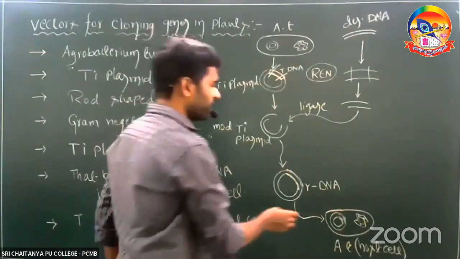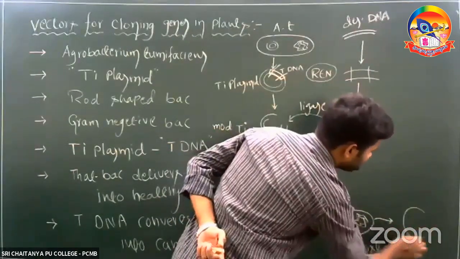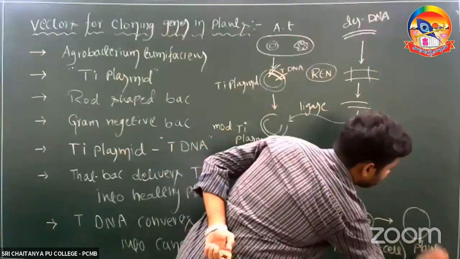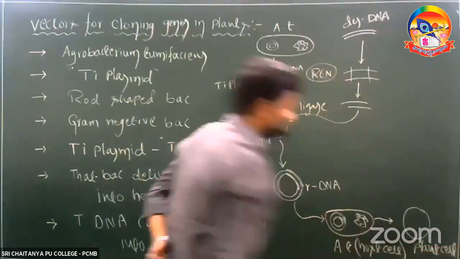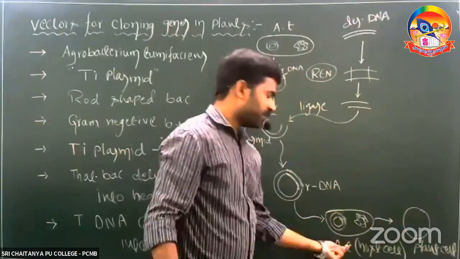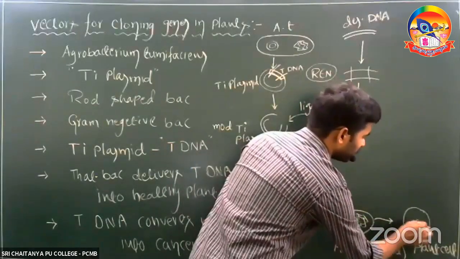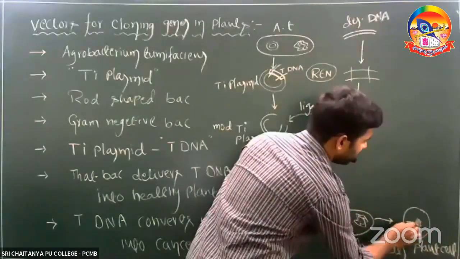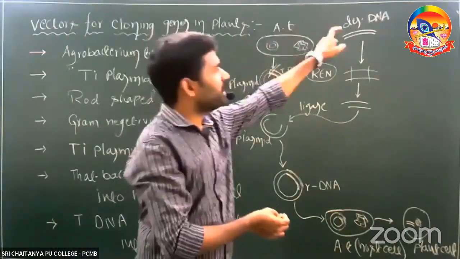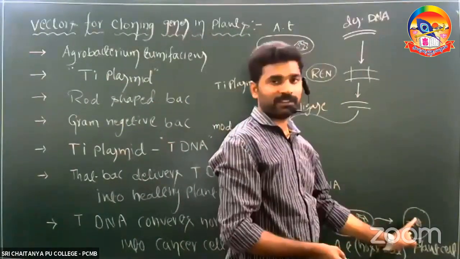That modified host cell is injected into the plant cell. Whenever the plant cell is infected by the Agrobacterium tumefaciens, this bacteria transfers tDNA. The tDNA is already inactivated, no sir? See, that foreign genetic material containing tDNA enters into the plant cell cytoplasm.